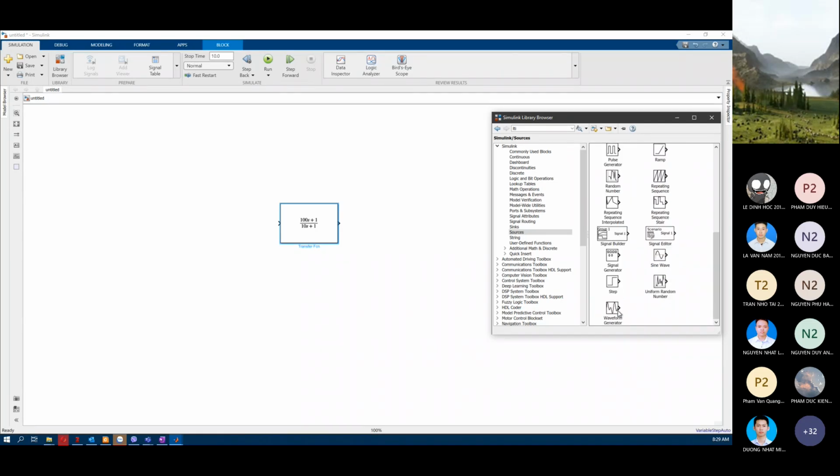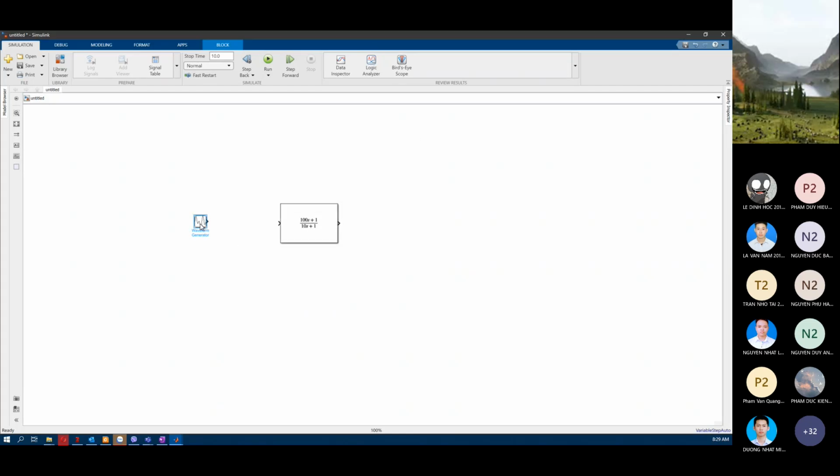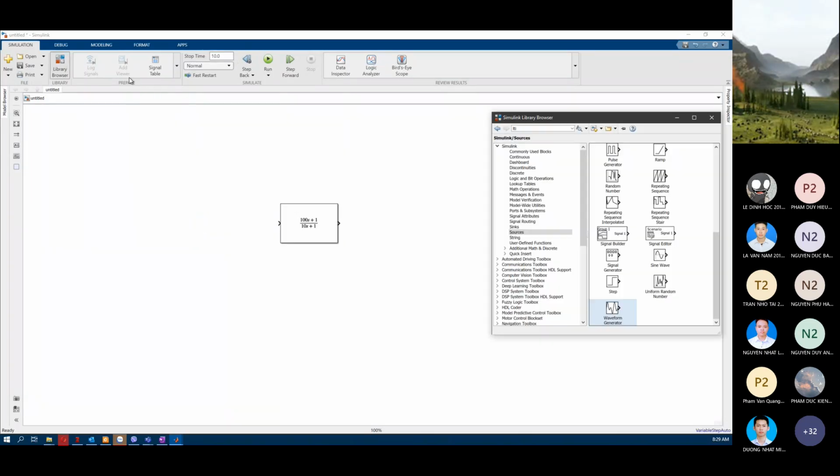Sine waveform generator. Or we can use this another one, which is here, sine wave.